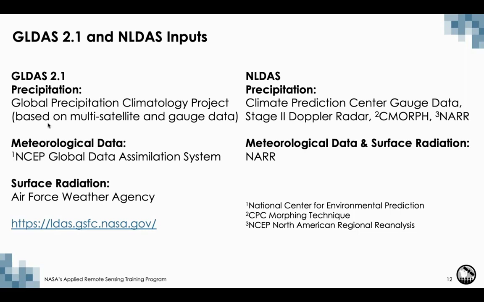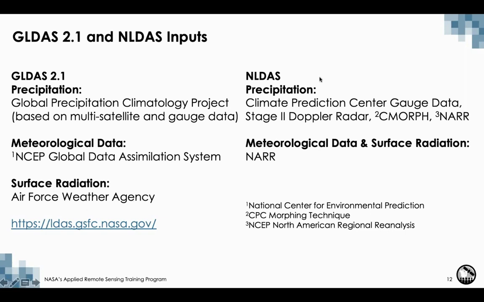Also, weather information comes from meteorological data from NCEP, which is National Centers for Environmental Prediction, for their global data assimilation system. So atmospheric data also use remote sensing observations in assimilation and provide meteorological data, which are then given to GLDAS. And then surface radiation is received from Air Force Weather Agency.